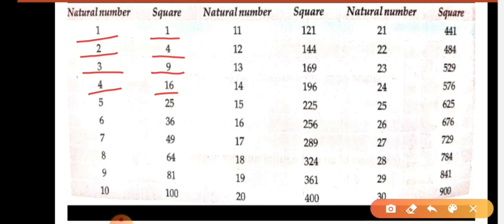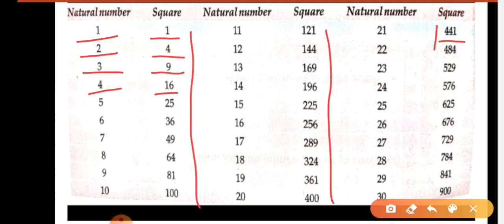Like that you can see 11 squared is 121, 21 squared is 441. By this table you can say that square numbers always end with 0, 1, 4, 5, 6 or 9 at unit place.